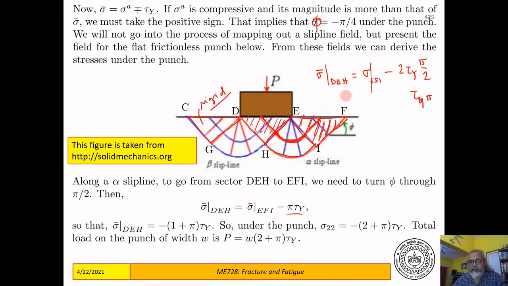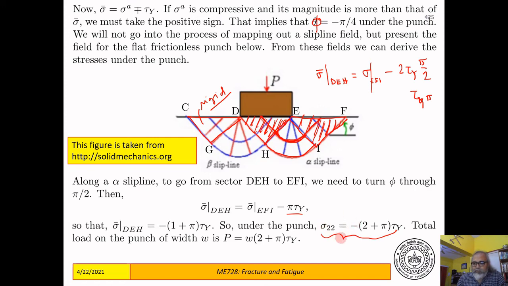So using this equation, I immediately get that in this region, that is under the punch, sigma mean has to be equal to minus 1 plus pi tau y. If I know sigma bar, I can immediately find sigma 2 in this rigid region where phi is equal to pi by 2, and I find sigma 2 is equal to this.